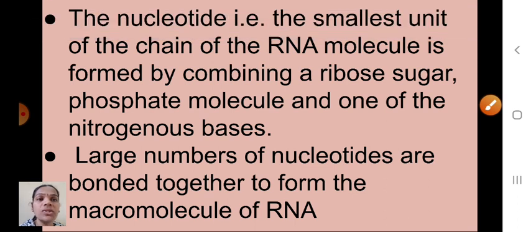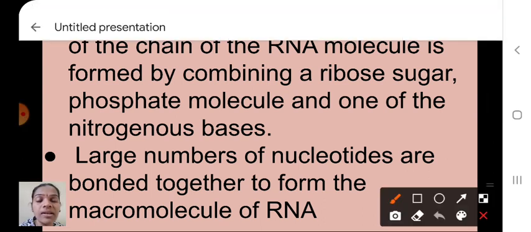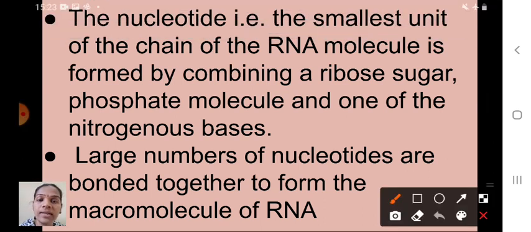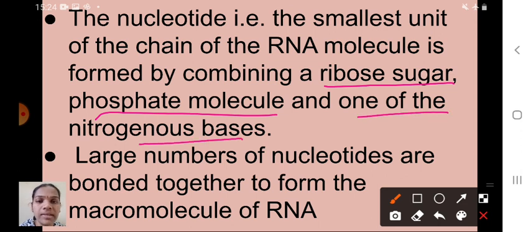Yes, the nucleotide, that means the smallest unit of the chain. You know that very well. DNA is made up of what? Nucleotides, isn't it? So here also the nucleotide, the smallest unit of the chain of the RNA molecule, is formed by combining a ribose sugar, a phosphate molecule and one of the nitrogen bases.